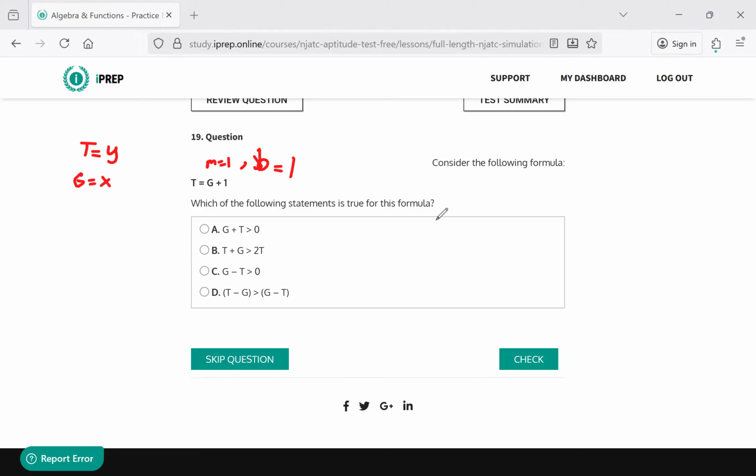You kind of have to change your boundaries. So it would look something like this. Whoops, x is g. So this is the g axis, and then y is t. And I said, let's see, plot some points.